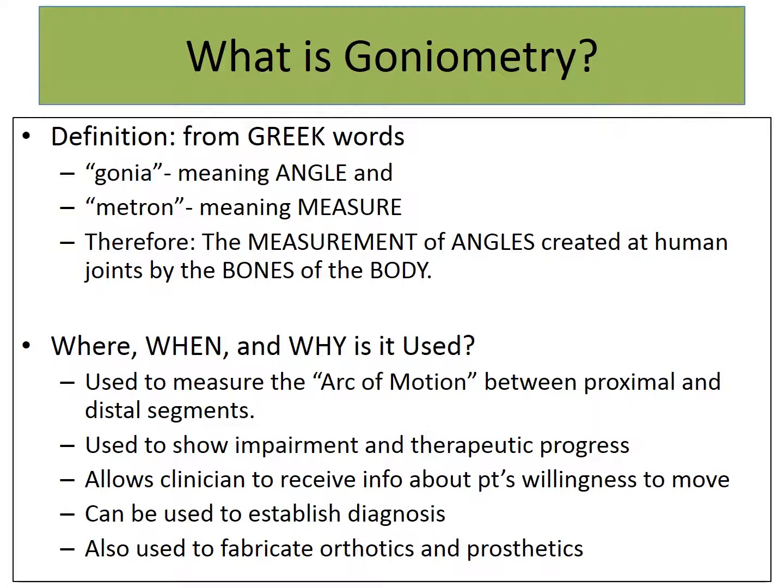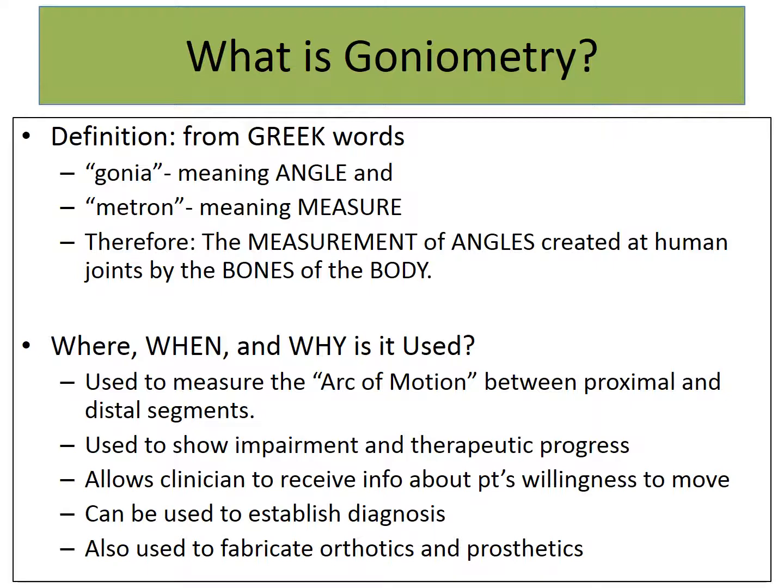So where, when, why, and how is goniometry used? It is used as an assessment tool that the PT will first do during the evaluation. They're going to look at the arc of motion or the range of motion between the proximal and distal segments of the bone to see what that angle is.